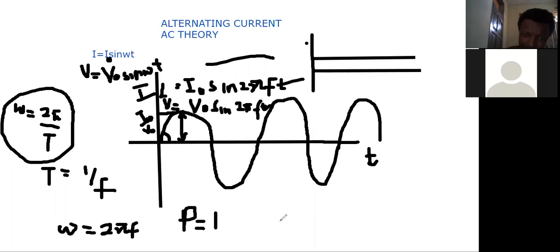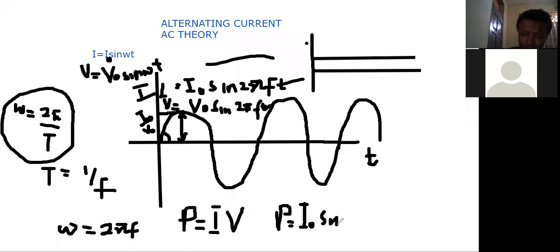But because this power is from an alternating source, or from a generator source, we know I is equal to I naught sine 2 pi f t.